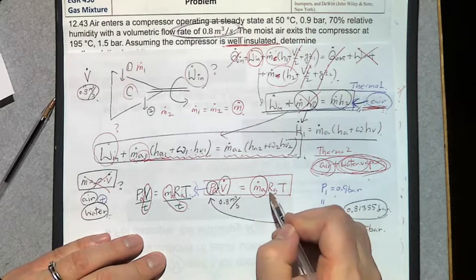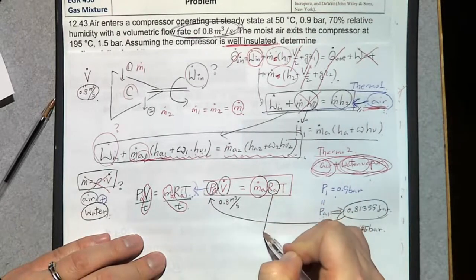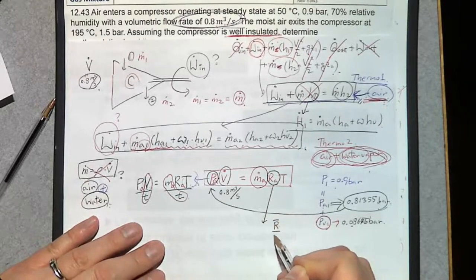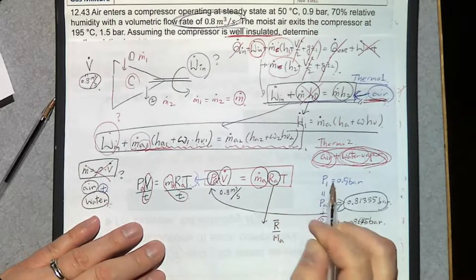What about R of A? R of A can be determined by the universal gas constant divided by the molecular weight of dry air.